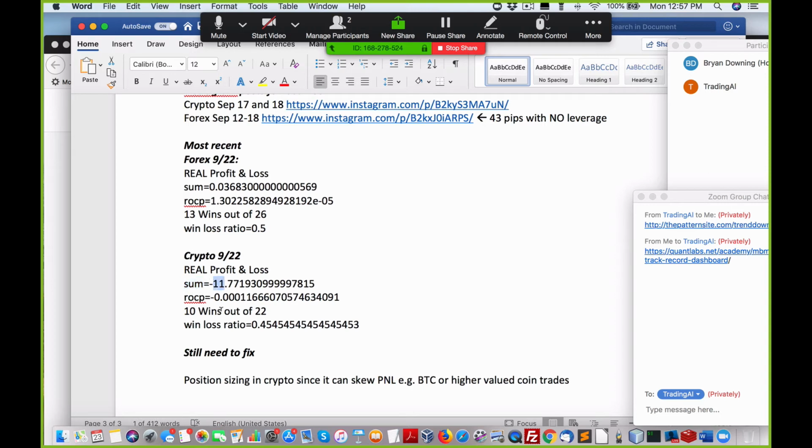I could have a winning day, but if Bitcoin comes along, I put on a trade that goes against me, and I lose $11 on that trade, it totally takes out all my positions. No matter if they're all profitable, one bad Bitcoin trade could knock everything out. And this is the problem with crypto. But I can fix that by adjusting my position sizing.